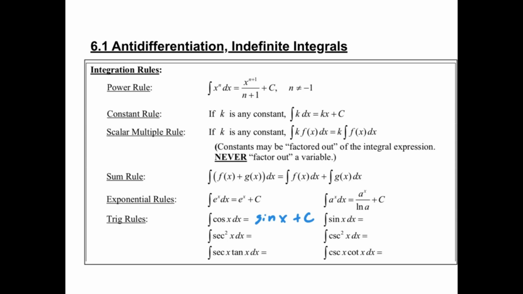Go ahead, sine of x. Is it negative cosine or is it cosine? Negative. Yay! And if you aren't sure, what can you do to be confident in it? Take the derivative of it, right?